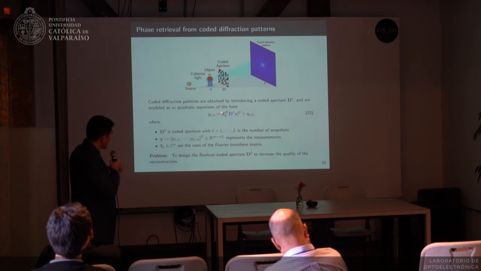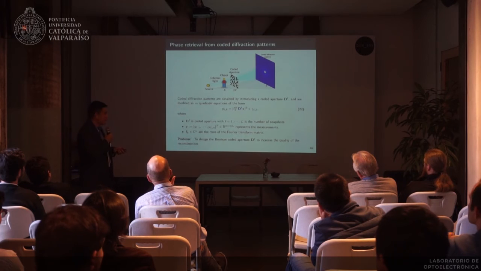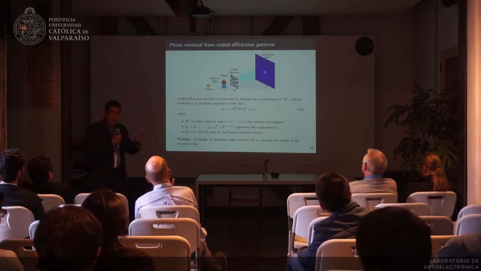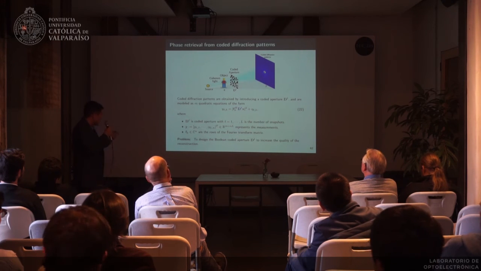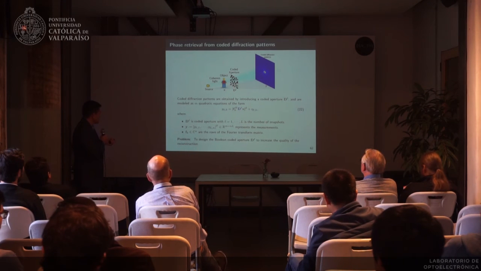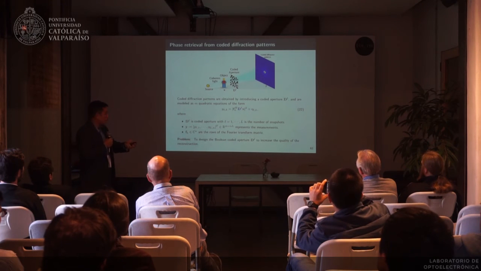This is the same problem, but now we impose codification, where these matrices are the values of the matrix representation of the Fourier transform, and this matrix D represents this codification. This application is very common in crystallography.